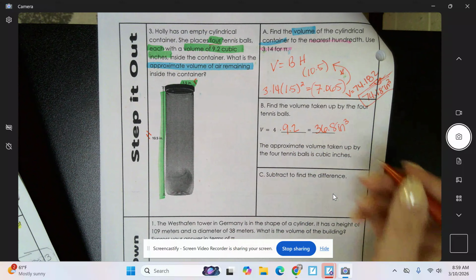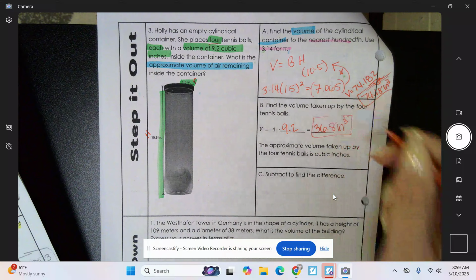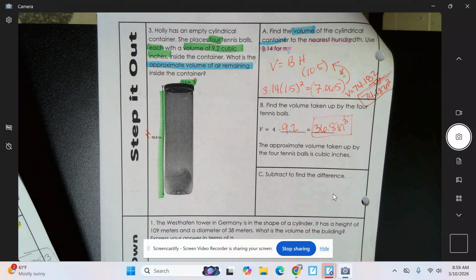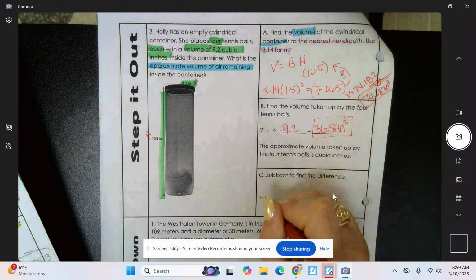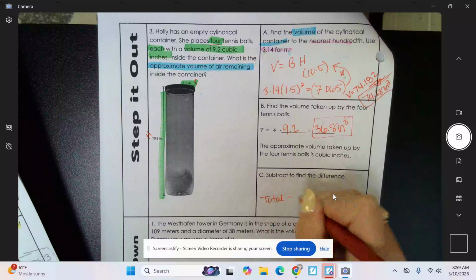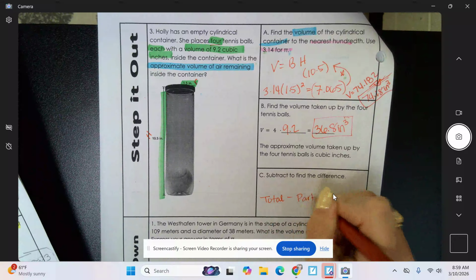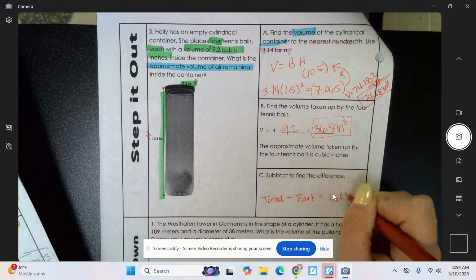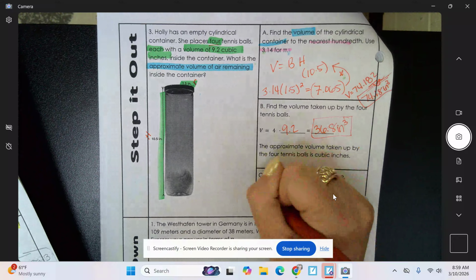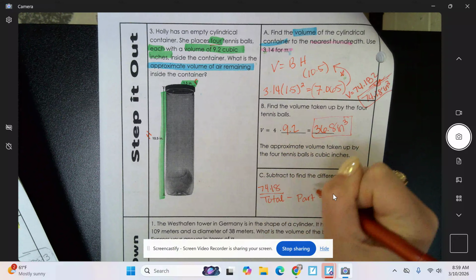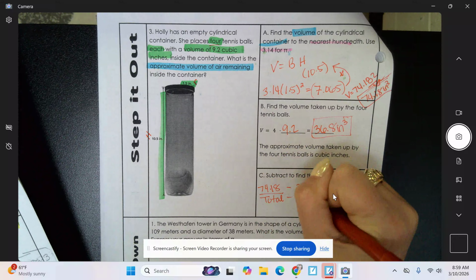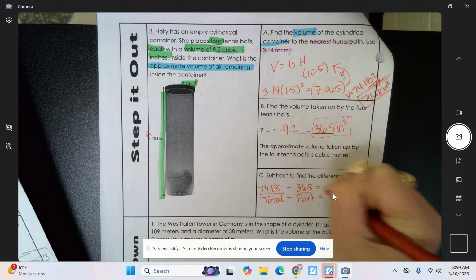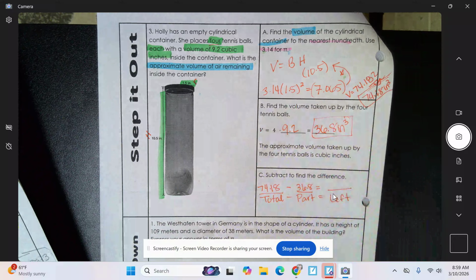So how are we going to figure out what's left? Yeah, you take the total minus the part, right? To see what's left. So our total was 174.18 minus the 36.8. So how much air is left inside the container?